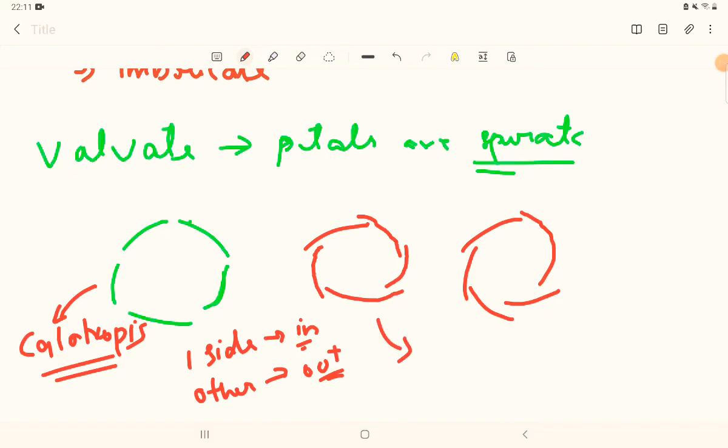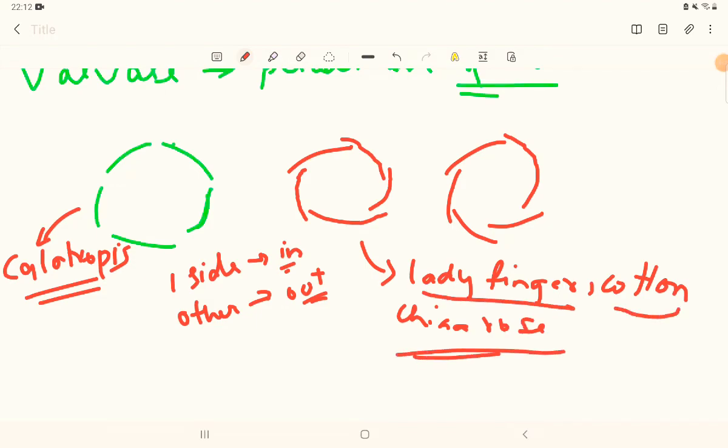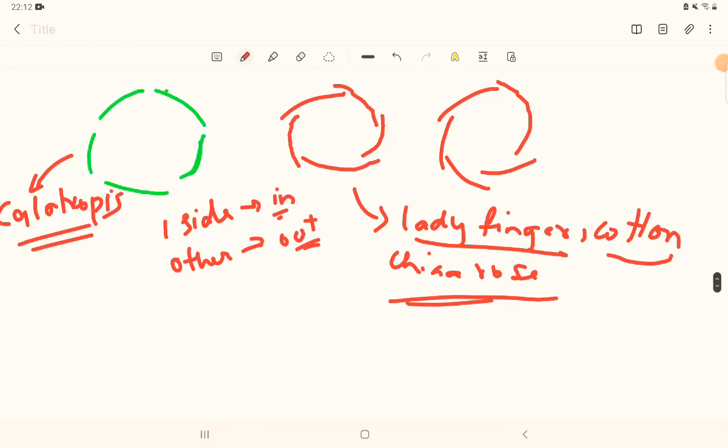And the imbricate, sorry, the twisted one, where one end is inside and the other end is outside, can be seen in ladyfinger, cotton, and in China rose.